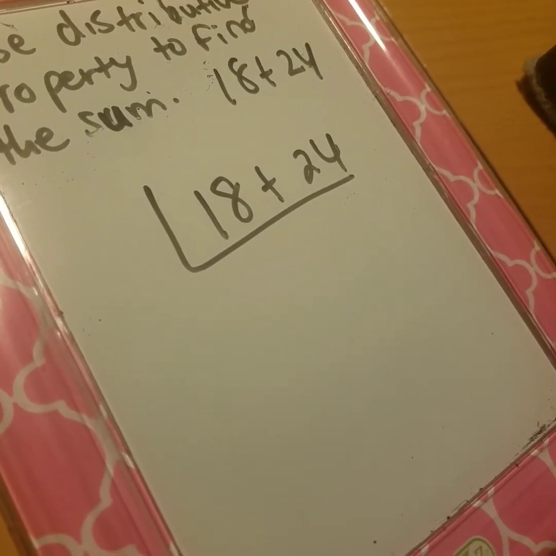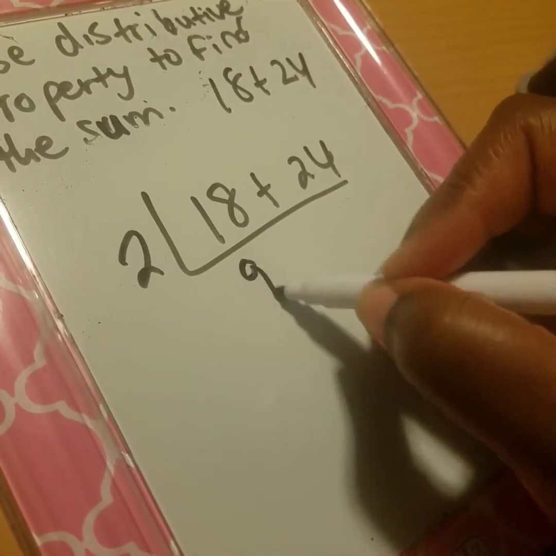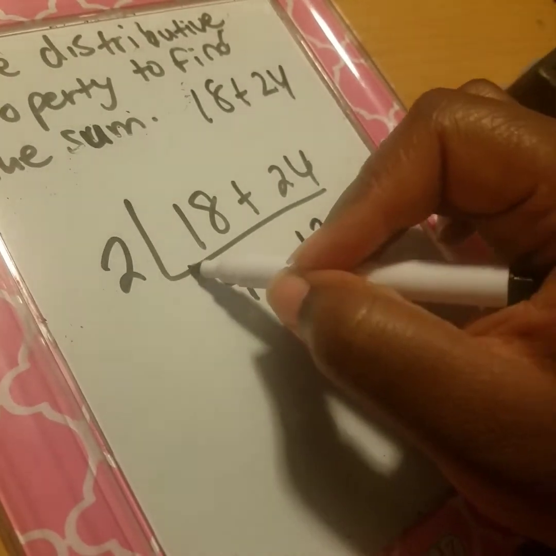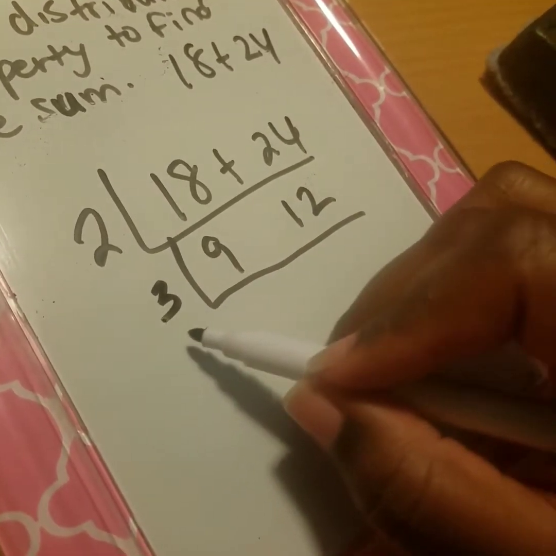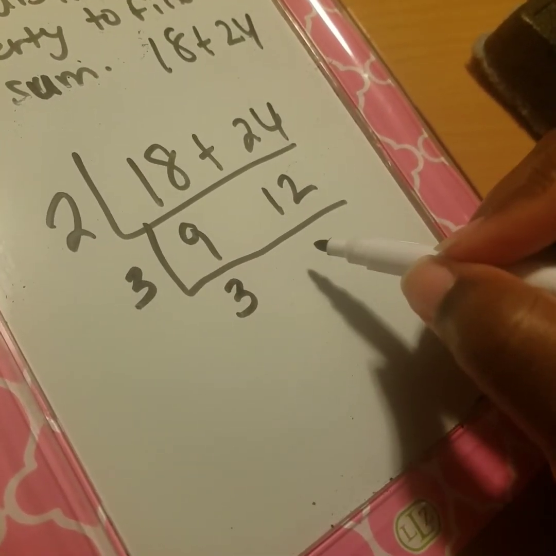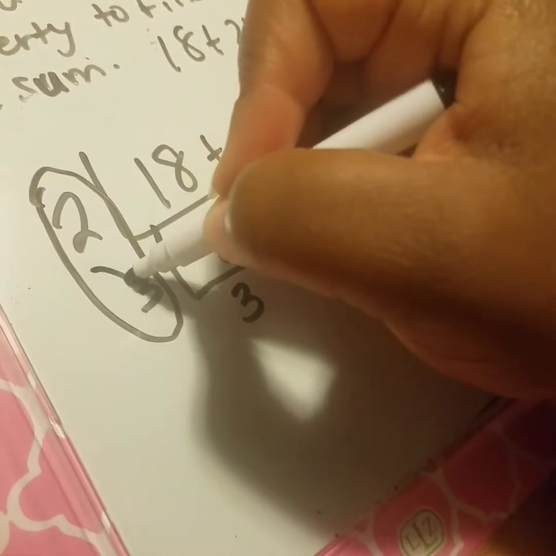Let's say the first number that comes to mind is 2. How many times does 2 go into 18? 9. How many times does 2 go into 24? 12. Then you ask yourself, what number can go into both 9 and 12? It's 3. 3 goes into 9 3 times. 3 goes into 12 4 times.